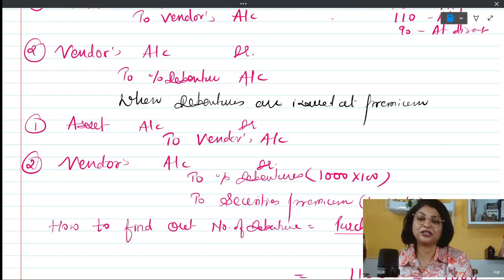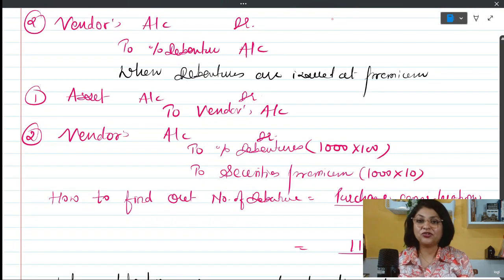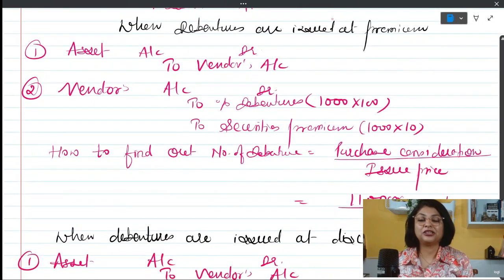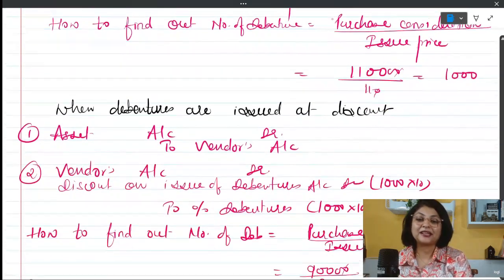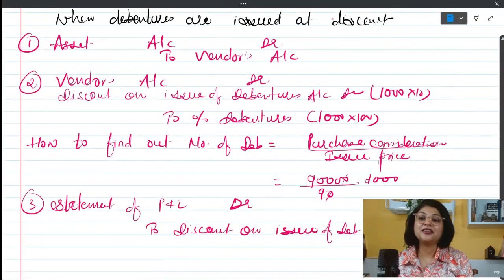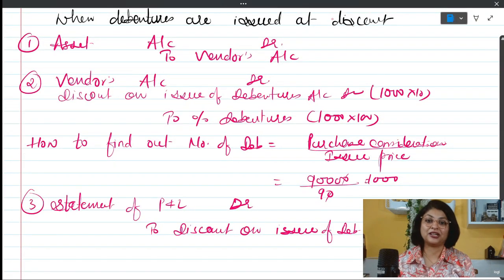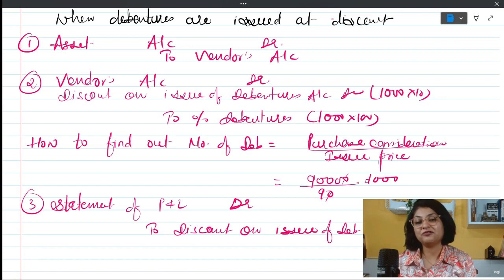In case you are issuing the debentures at premium, then you will write asset account debit to vendor's account. And in case you are issuing the debentures at discount, then you will write asset account debit to vendor's account, and discount on issue of debenture account debit to percentage debenture. This discount on issue of debenture, which is a capital loss, is to be debited, and then later on it has to be written off from statement of profit and loss.